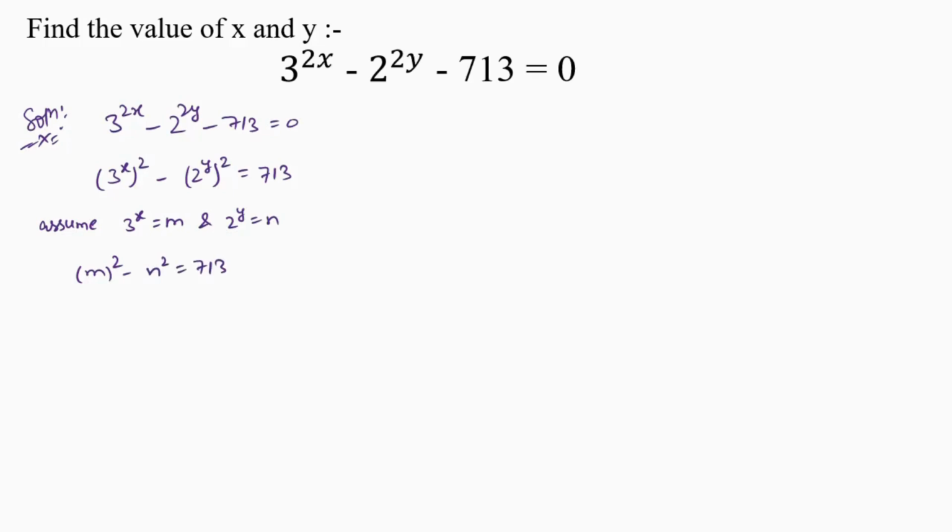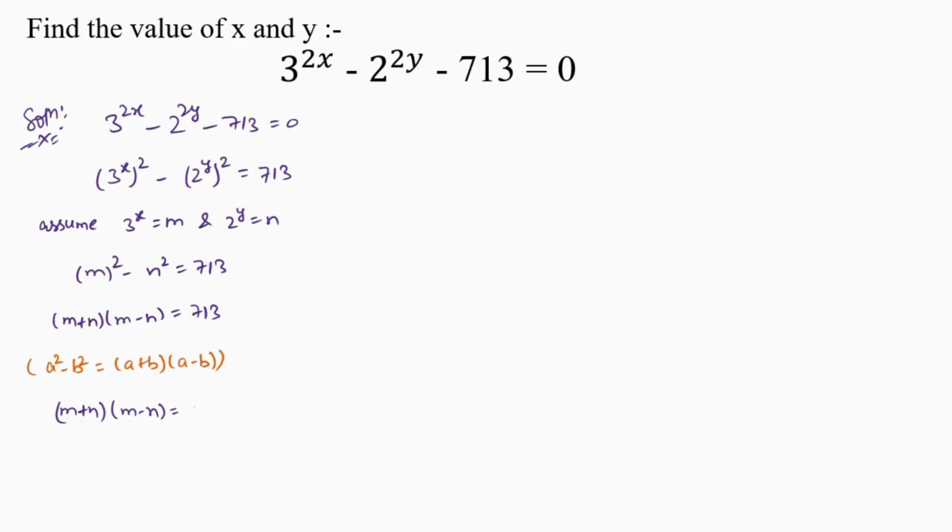We can write this as (m plus n) times (m minus n) equals 713, because as we know a square minus b square is equal to (a plus b) times (a minus b). So we can write the above equation as (m plus n) times (m minus n) equals 713.